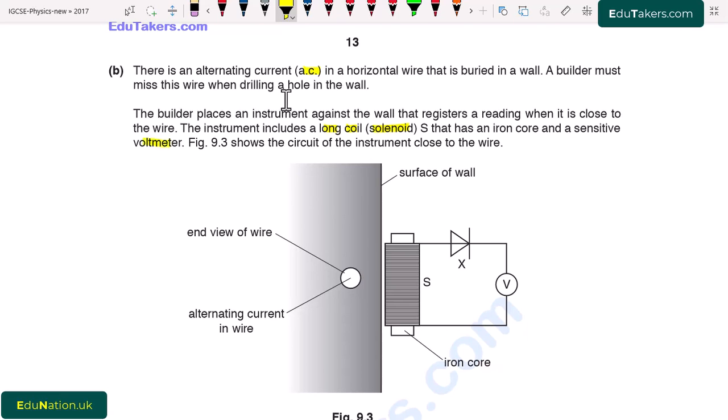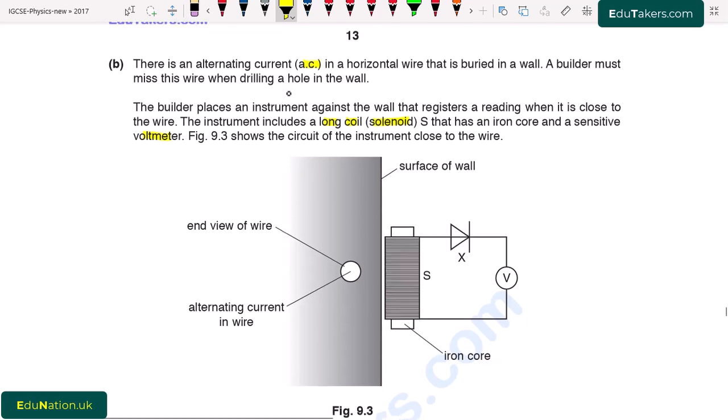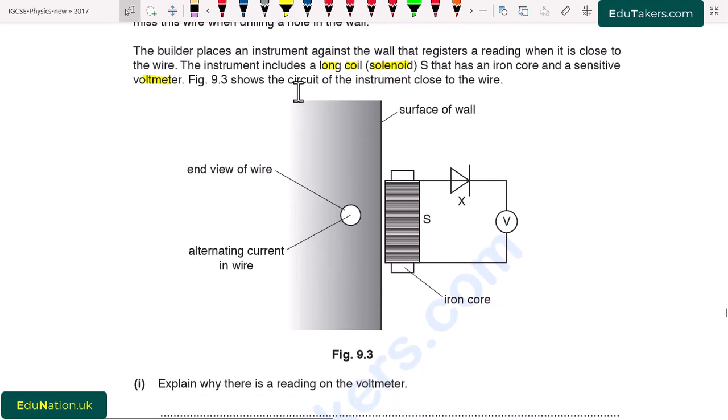Figure 9.3 shows the circuit of the instruments close to the wire. So here is figure 9.3. We can see that there is the alternating current in this wire and also a solenoid in which a voltmeter is connected, and there is also the iron core in the solenoid.